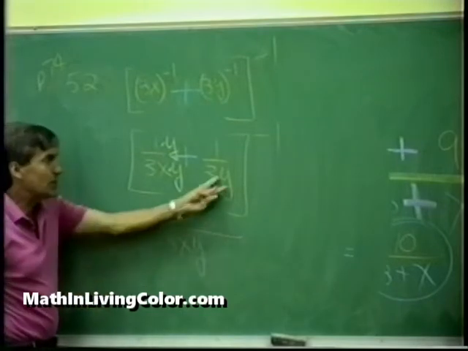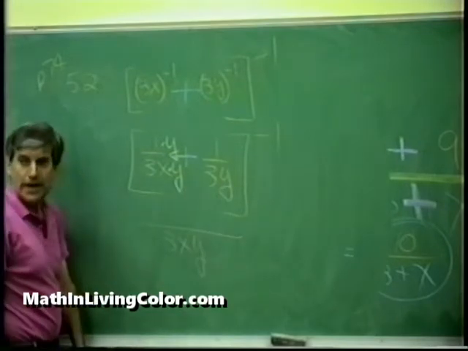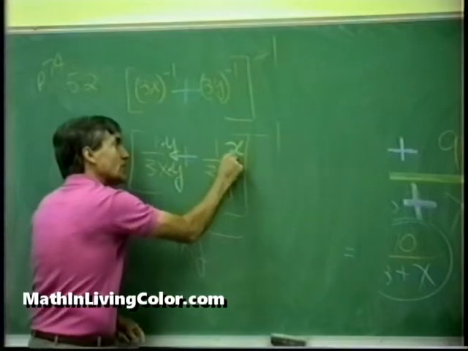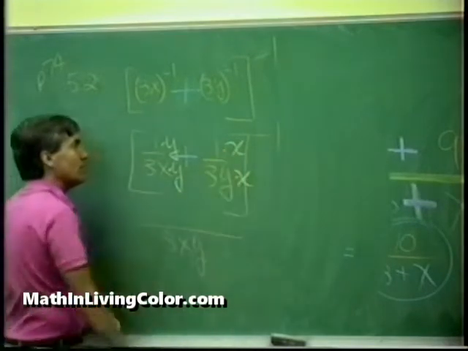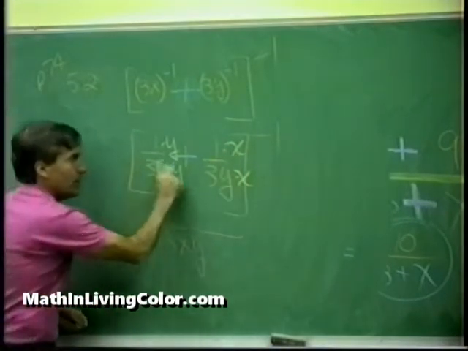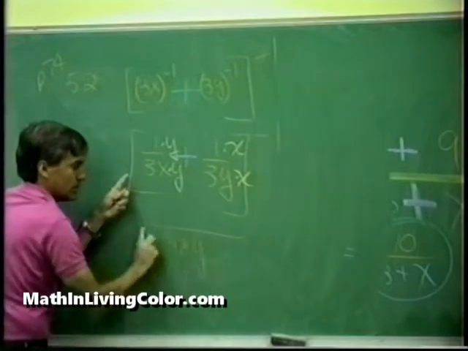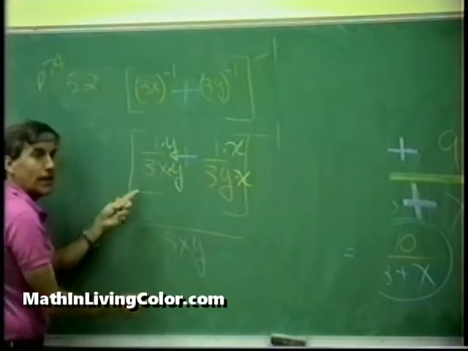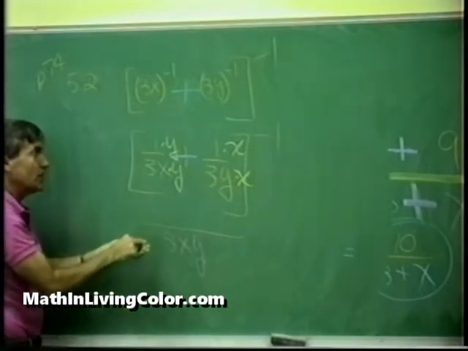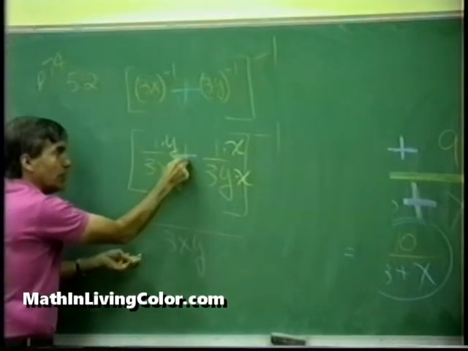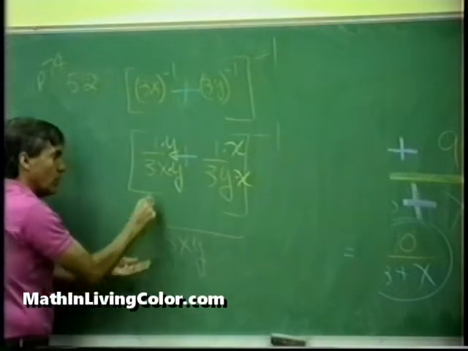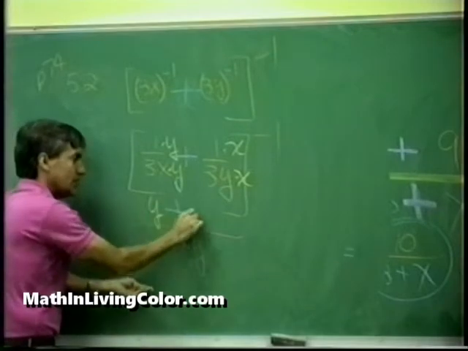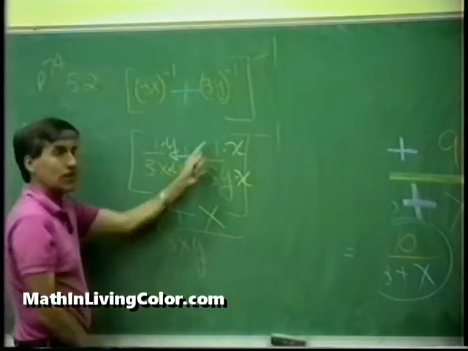What's missing in the second one? x. So we'll multiply by x over x, is that right? So now, the common denominator is 3xy, and the numerator is y plus x, okay? Y plus x. I didn't do it in color for you.